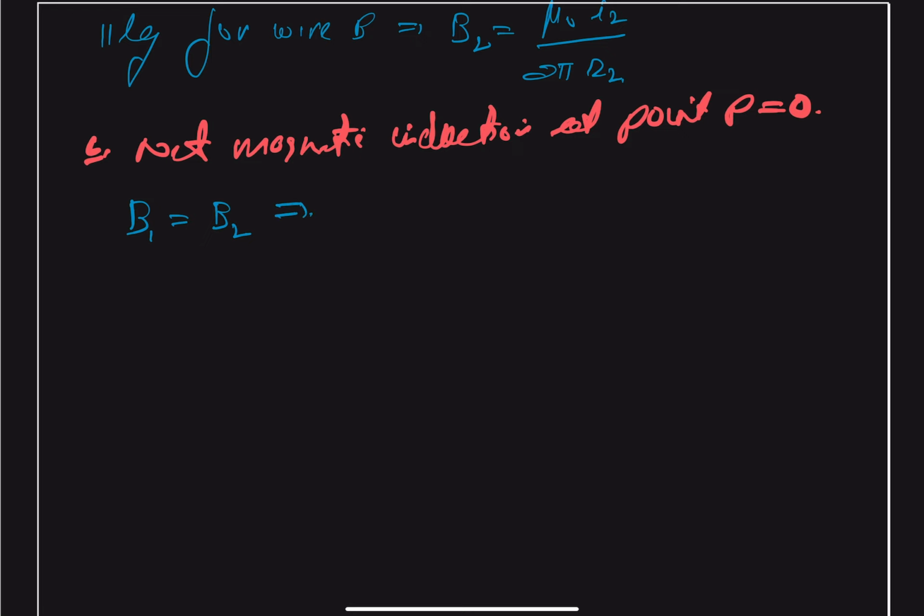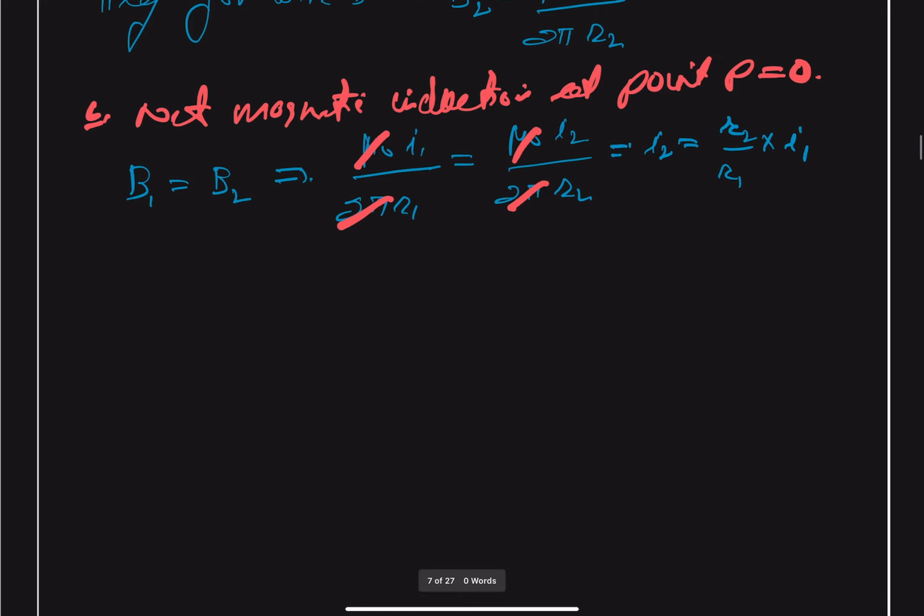We can write mu naught I1 divided by 2R1 is equal to mu naught I2 divided by 2 pi R2. Here mu naught 2 pi cancels out. So this gives us that our I2 will be equal to R2 by R1 multiplied by I1.